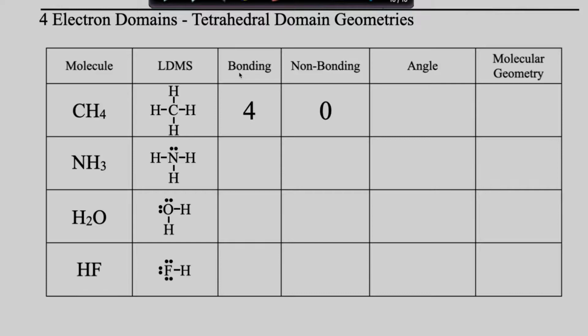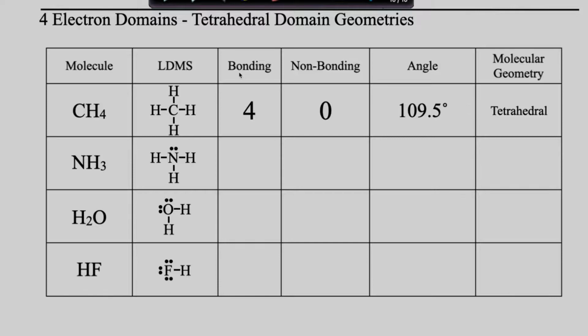And we can clearly see these 4 points all spread out into 109.5 degree angles. And guys, this molecule is called tetrahedral. All the domains are involved in bonding, so the domain and molecular geometries are the same, and that's tetrahedral.